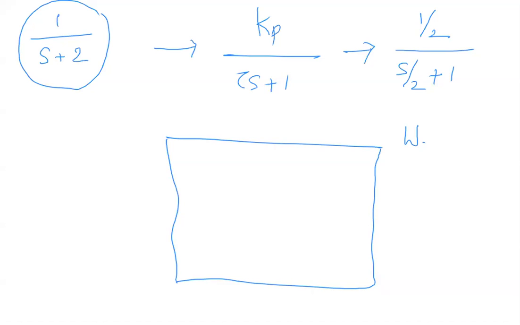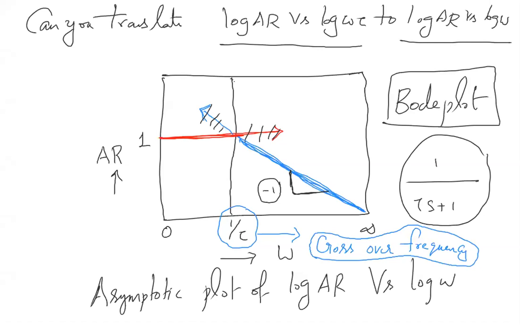Just give me a minute. So whatever we told, this is not crossover frequency. Crossover frequency will come in the Bode stability criterion.